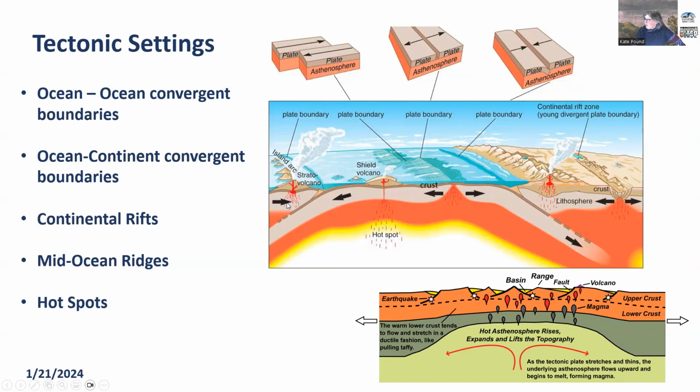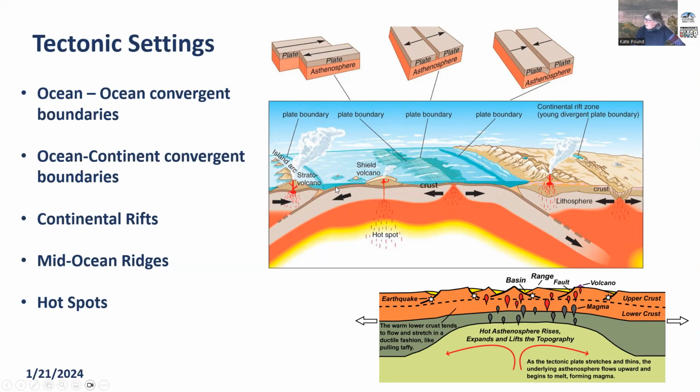That process results in melting in the overriding plate, and that produces this magma chamber that feeds a bunch of volcanoes, which make up an island arc. And there's a trench in here on the oceanward side.